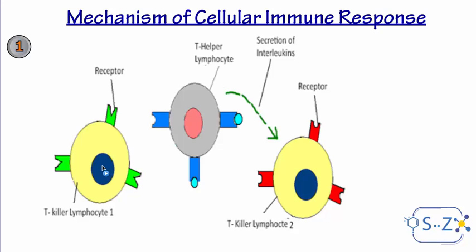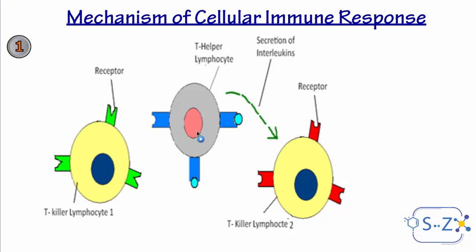So a T killer lymphocyte, for example, is specific for a certain virus. Another T killer is specific for a type of bacteria that infects a cell, or for a certain cancer, etc. So there are many types of specific T killer lymphocytes.